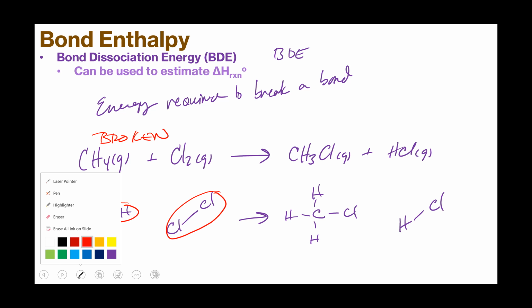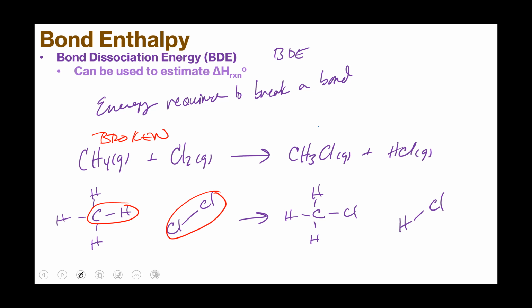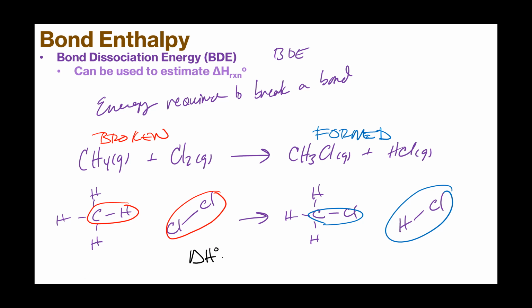The bonds that are formed show up on the product side. We know we have to form HCl, and we're also going to form a CCl as we do this. Ultimately, our bond dissociation energy will let us figure out delta H naught of reaction.